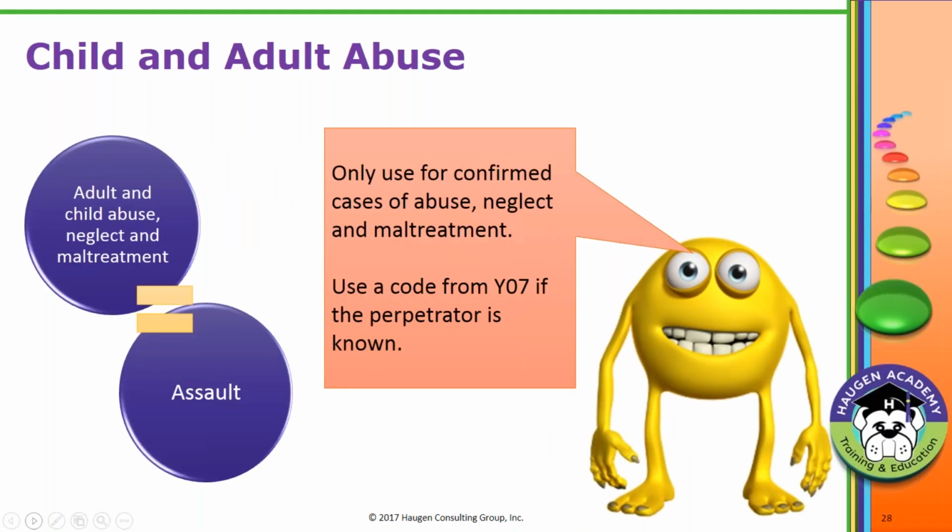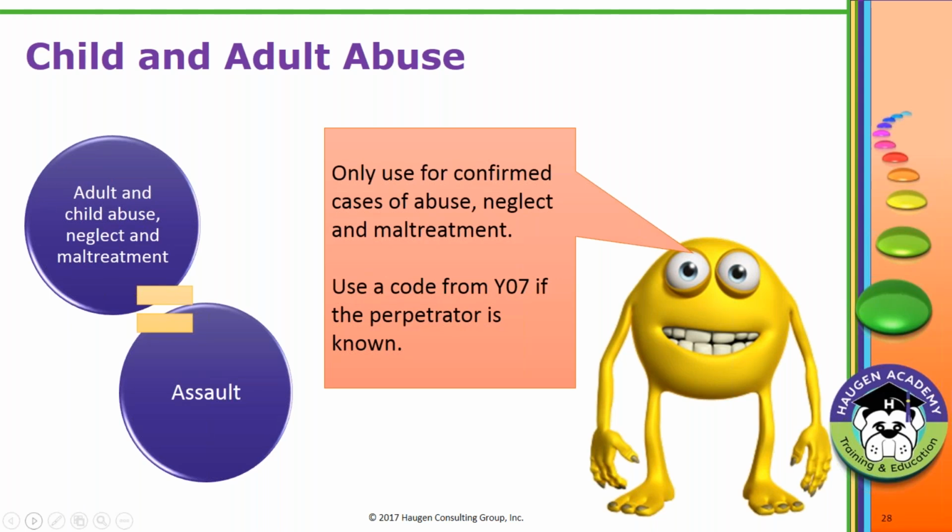All right, child and adult abuse. There are guidelines out there that direct us in the right place for how to use these codes. The adult and the child abuse, the neglect and maltreatment are classified as assault, okay? So any of the assault codes can be used to indicate the external cause of an injury resulting from, and this has to be a confirmed abuse.